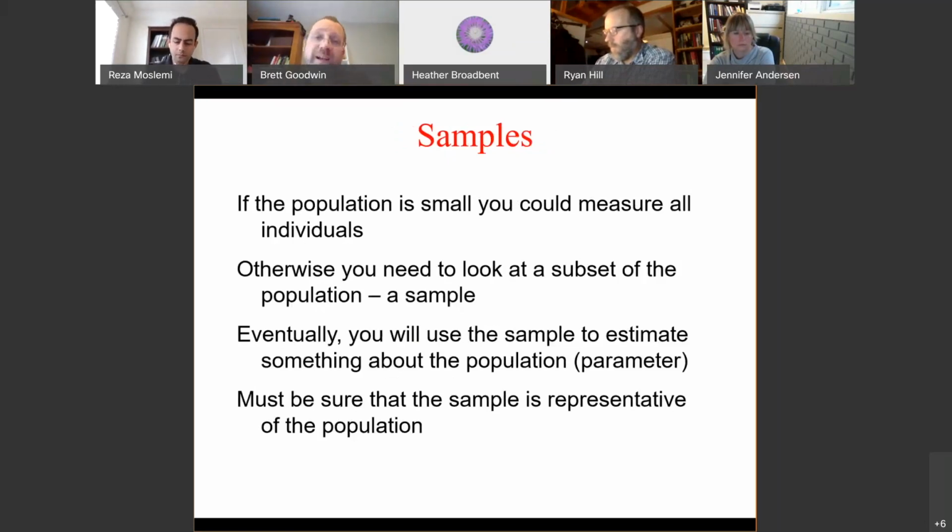If you had a really small population, and the example I always use in class was if you wanted to know something about condors, you could possibly measure it on every single condor because there's only a handful of them left in the wild. But for most populations, you can't measure every single individual, so you need to take a sample. But how you take that sample can influence the accuracy of the data. And so ideally, you'd want to take a representative sample, and that usually involves some sort of random sample.